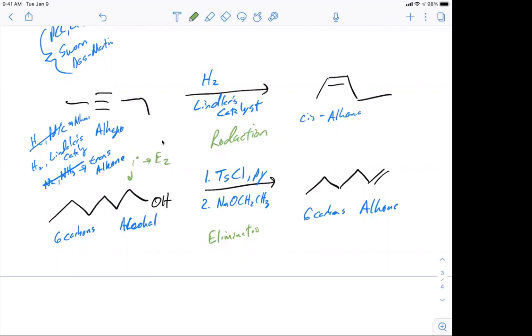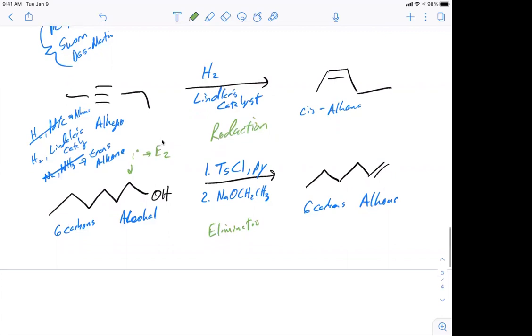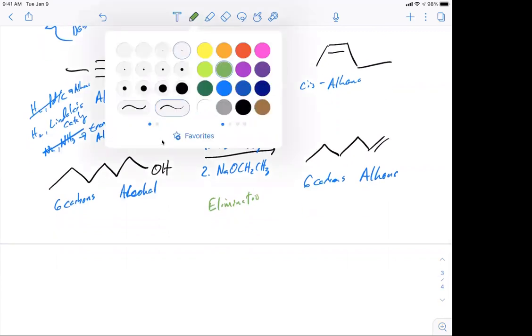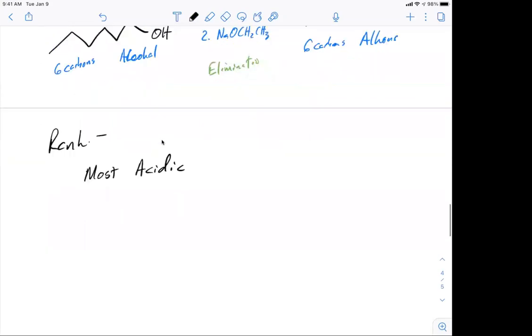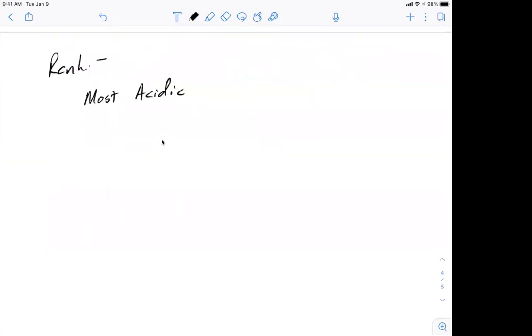Okay, let's change gears a little bit and then we'll get into a couple of synthesis problems. Okay, and on these two, I want you to rank. Right. So the first one, give me the most acidic.